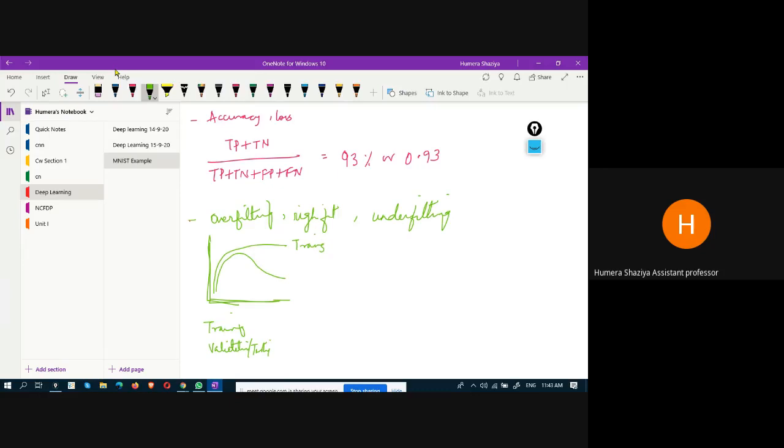This is not good accuracy for validation. What does it mean? The margin is high.